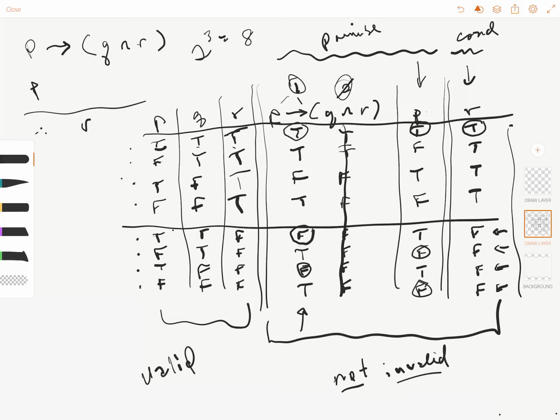So what's technically true? In this truth table, there is no row in which we can find true premises and a false conclusion. So technically that means the argument is not invalid. Informally, let's go ahead and say that arguments that are not invalid are valid.